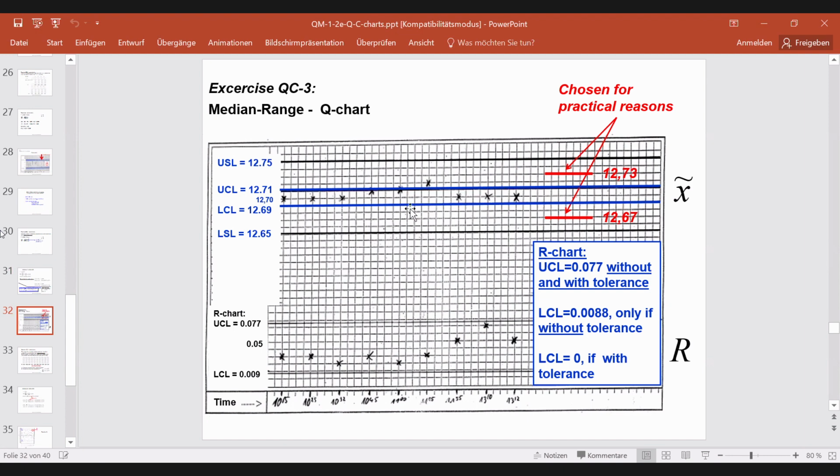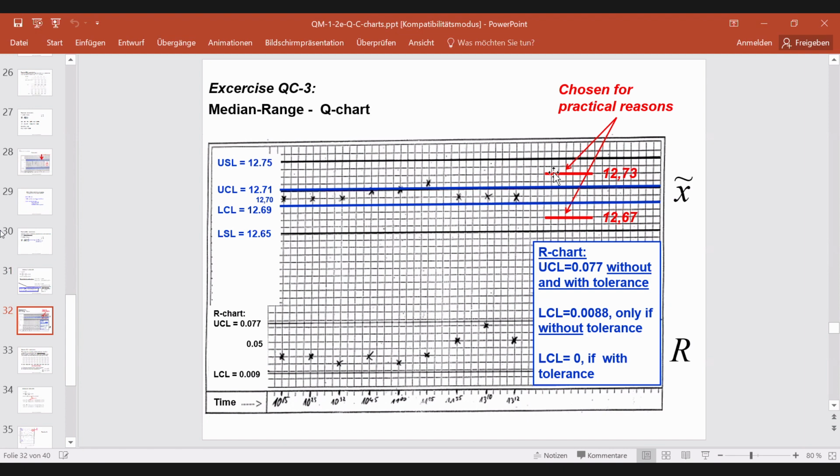And this means you can calculate it, but if you have the problem that the range, the difference between upper and lower control limit, is so small as you see it here, then it is better to take a practical value for practical reasons or from experience to define a bigger range of the control limits.